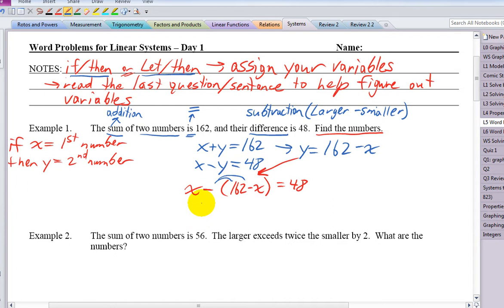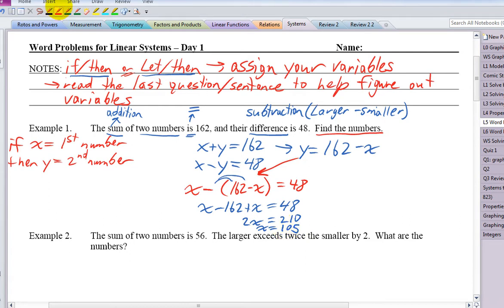Multiply in. So X minus 162 plus X. 2X equals what? 210. So X equals 105.